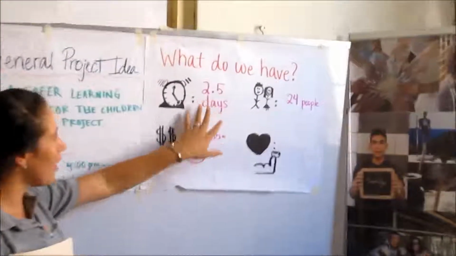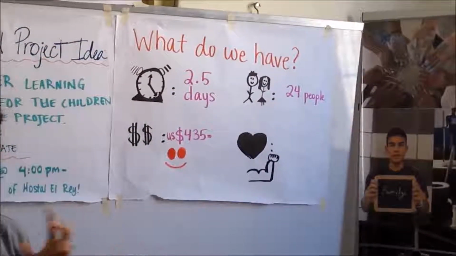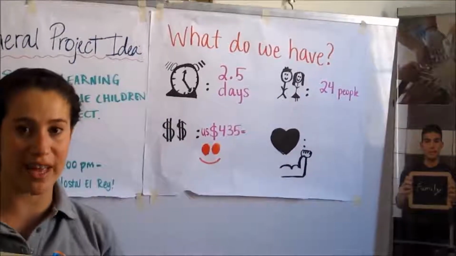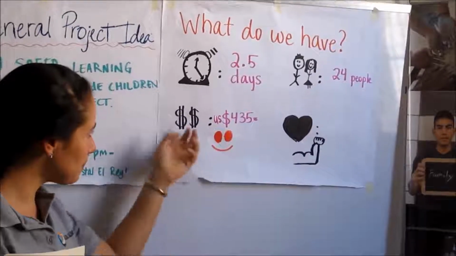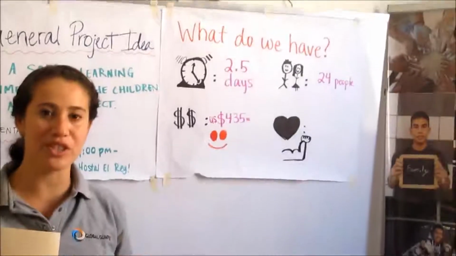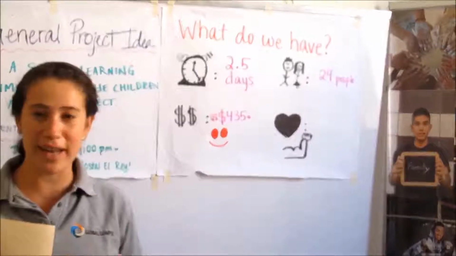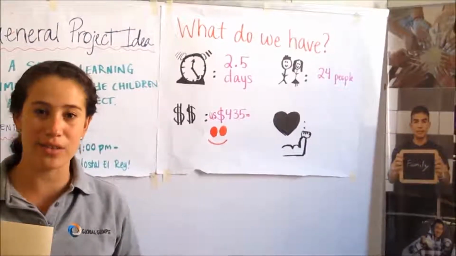So, for time, we have to do a project that we can do in 2.5 days. Sometimes the first day is very rough because we have to buy materials, make sure everybody's doing something, organize ourselves.